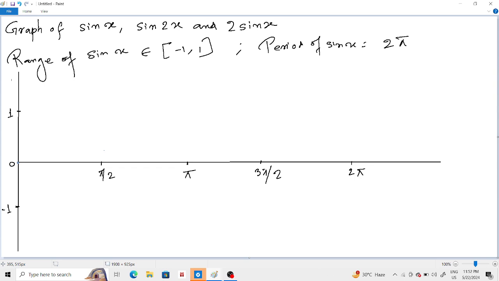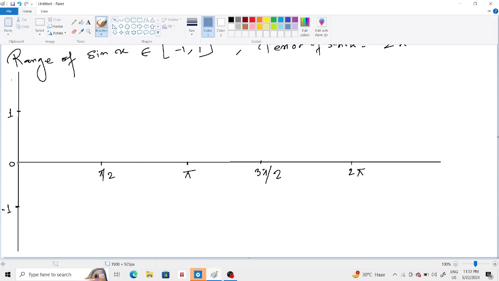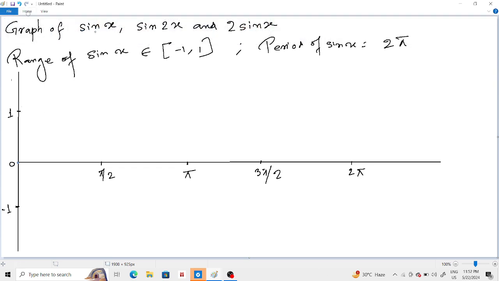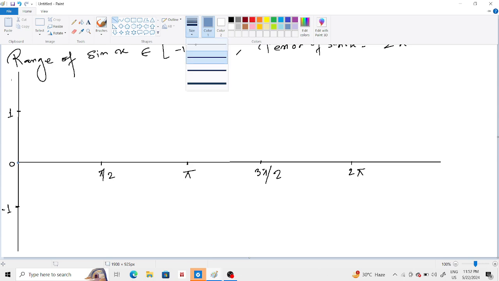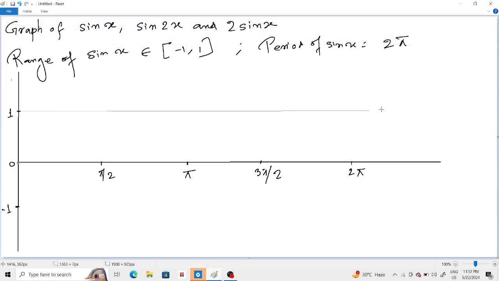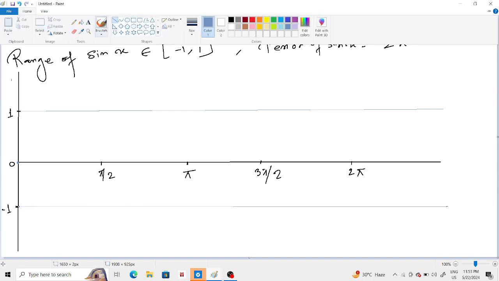The value of sin 3 pi by 2, which is sin 270 degrees, is -1, and the value of sin 2 pi is 0 again. So first of all I will draw a fine line for this 1 and -1, so that my graph doesn't move out of this boundary.